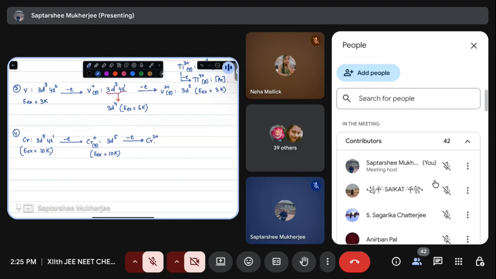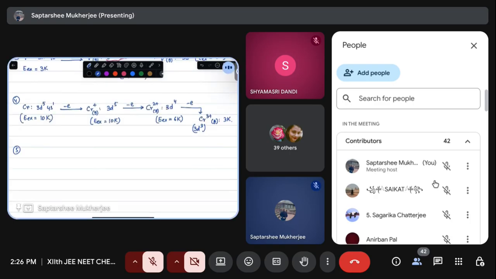Chromium plus 2 gas becomes 3d4. What is the exchange energy then? 6K. If I remove another electron, chromium plus 3, what is the electronic configuration? 3d3. 3K.